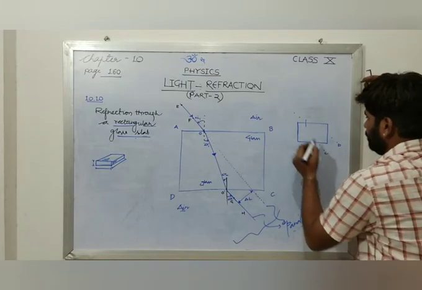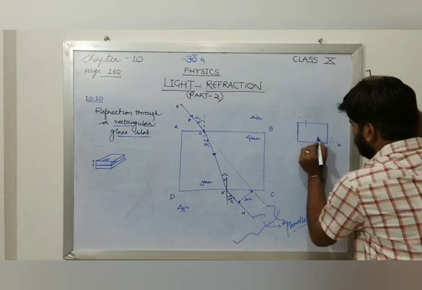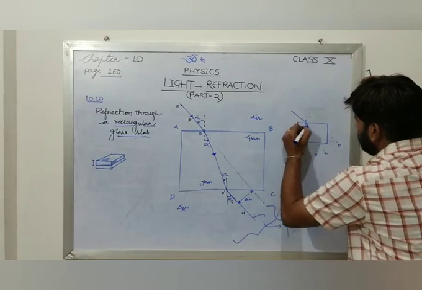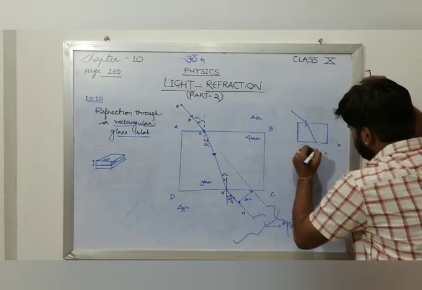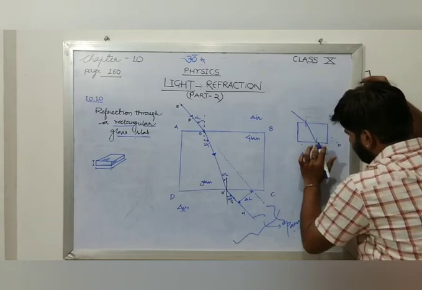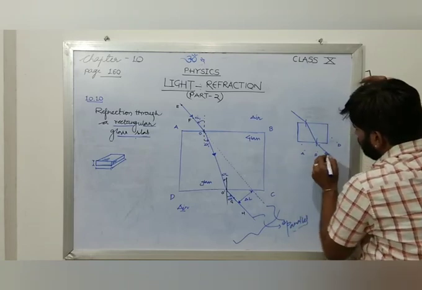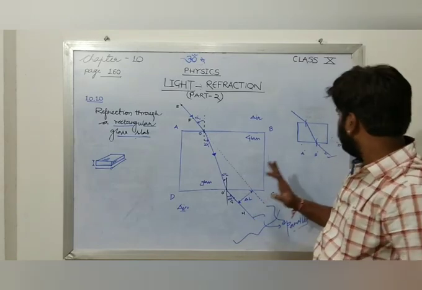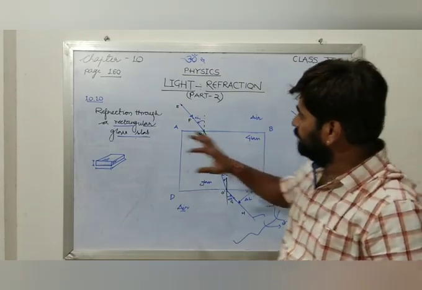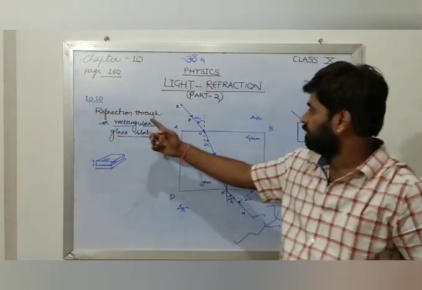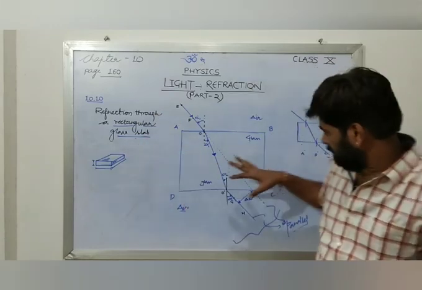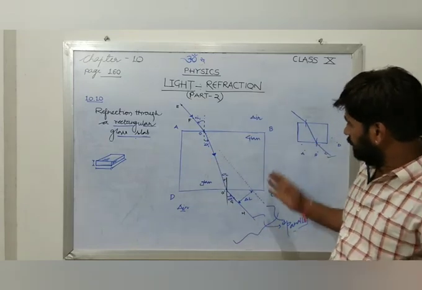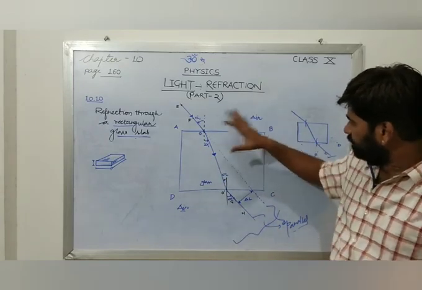As we have already done, this can't be. If this is like this, then this is almost like this, and then this can't be, because the best available is like this. So C will be the answer. You should remember that the lines will be parallel. So this was activity number 10.10, refraction through a rectangular glass, a very important activity. In the exam, they ask many questions just to manipulate this in a different way.